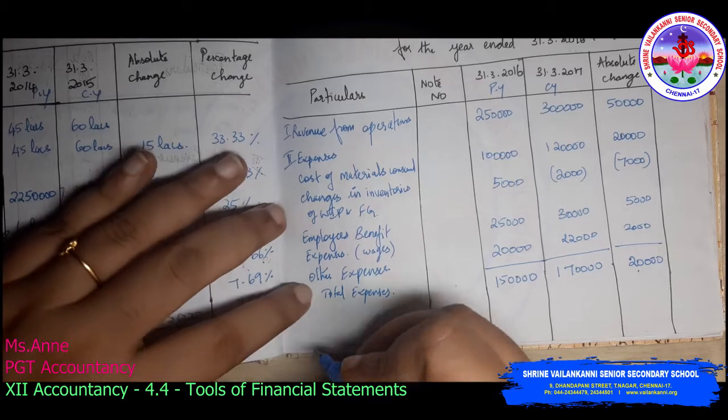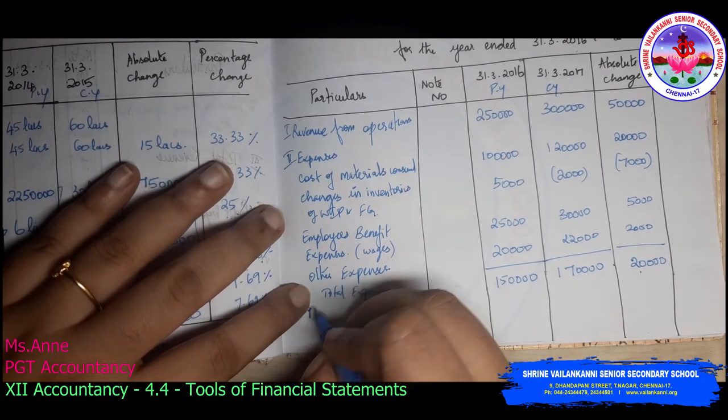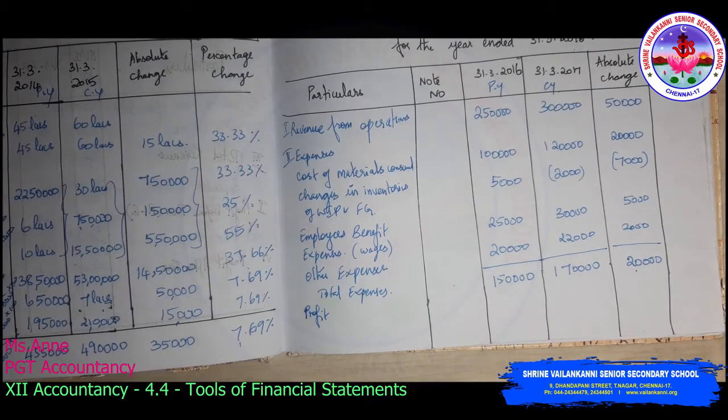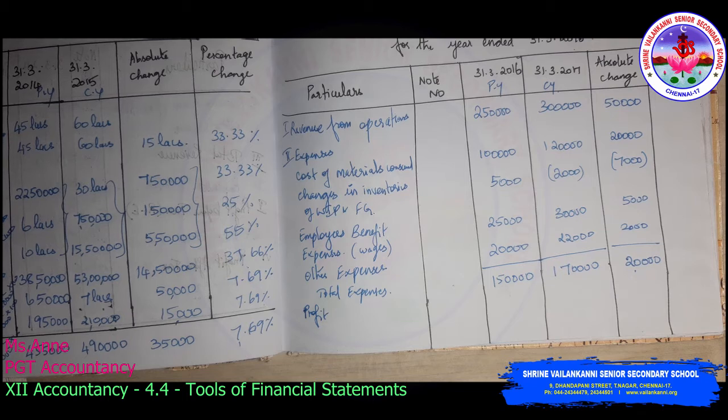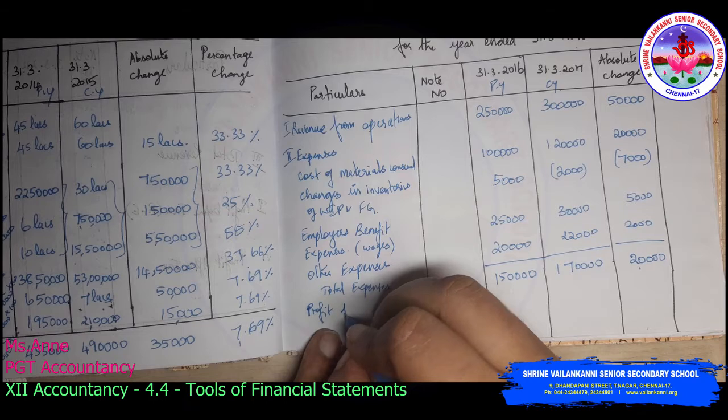So now I'm going to find out what is my profit. My net profit is profit before tax, but there is no tax element given in the question, so we are going to consider this as profit for the year.